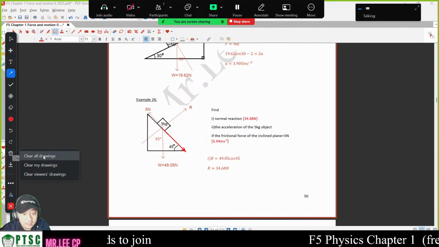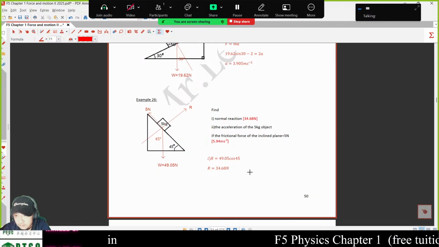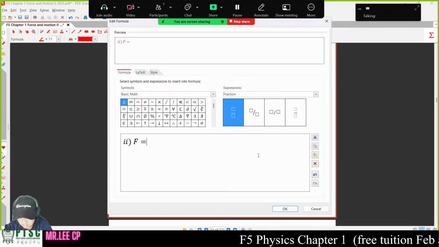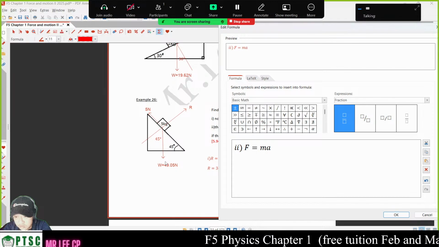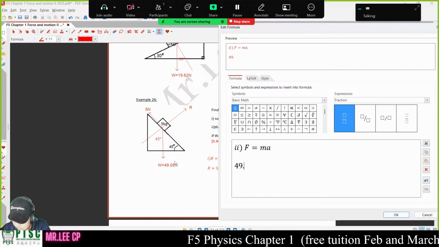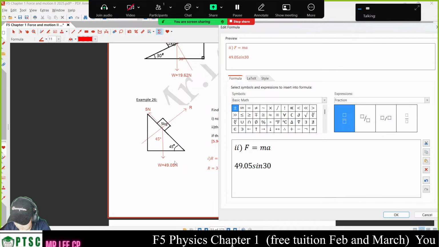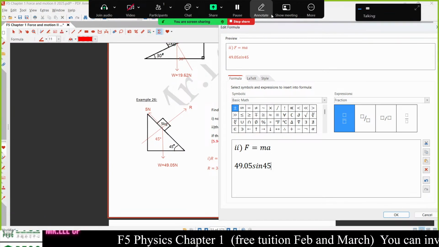Okay, so the force that brings it down is 49.05 sine 45. I'm sorry, not touching 45.